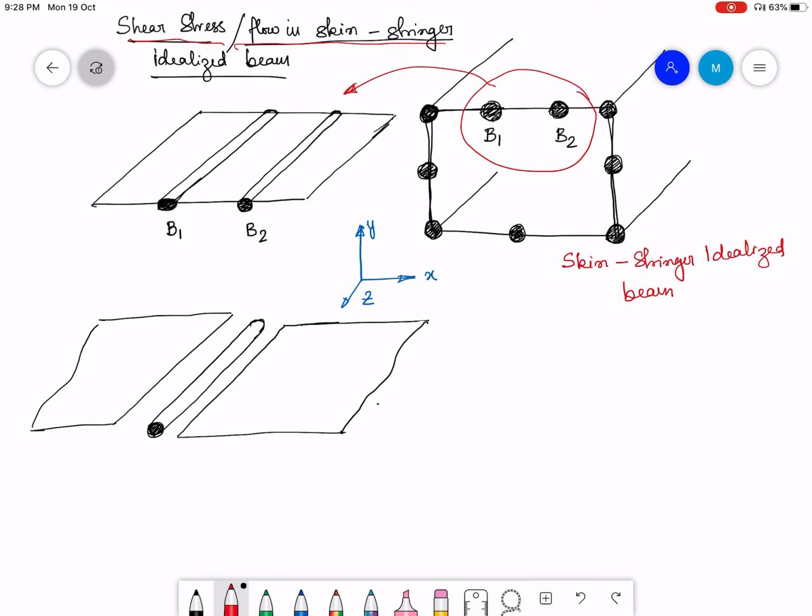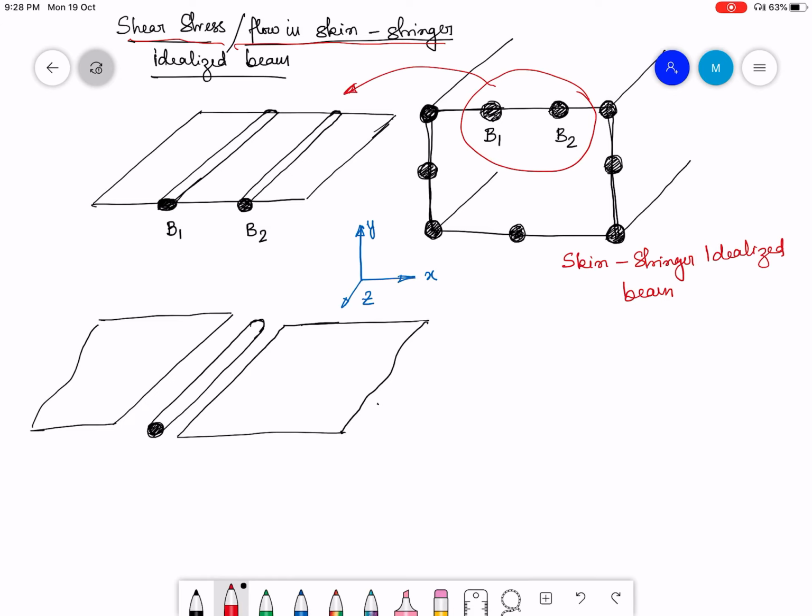So we have the skin stringer idealized beam with several booms, and the skin between the booms which are assumed to have a negligible thickness or a zero thickness. And as I have said earlier, I'm also going to repeat, the booms are going to take the direct stress developing due to the applied moment, and the skin is going to take the shear stress, which could be either because of the shear force applied or because of the torsion.